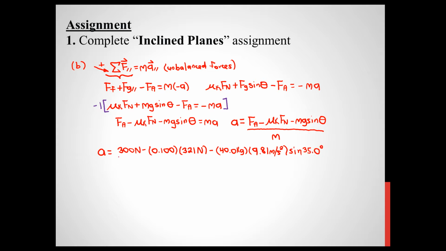And then divide this all by the mass, 40.0 kilograms. Let's put the top in its own set of brackets so we don't mess the order of operations up. And then when we calculate this acceleration magnitude to 3 significant digits, I get 1.07 meters per second squared.